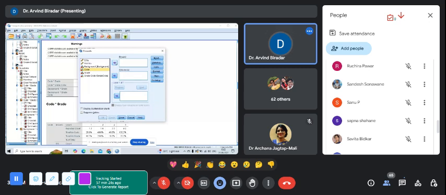This is the code, and this is the grade code. I selected all these things.